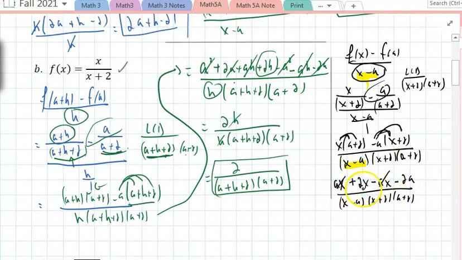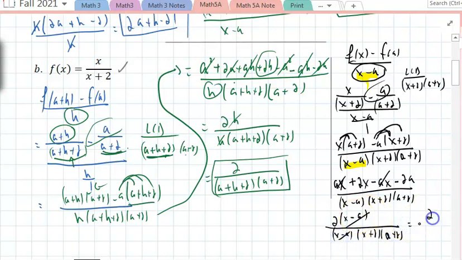If I factor a 2 out of that, I'll have an x minus a. And those cancel out.